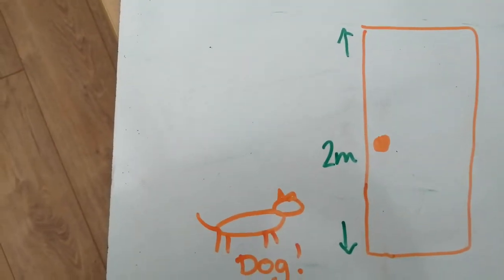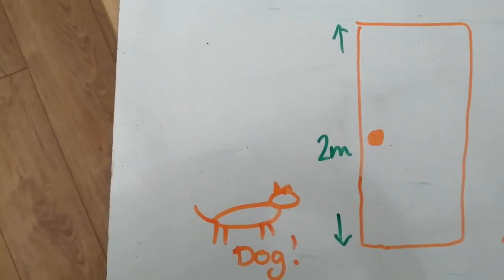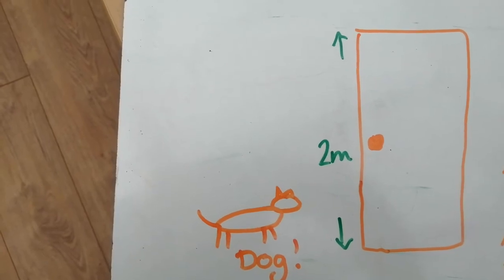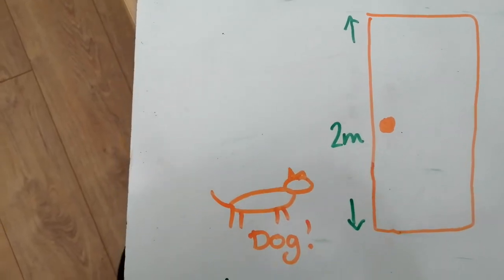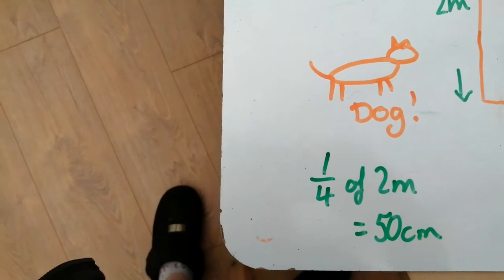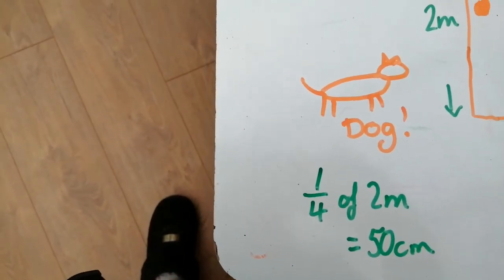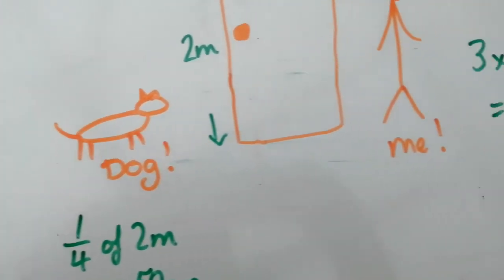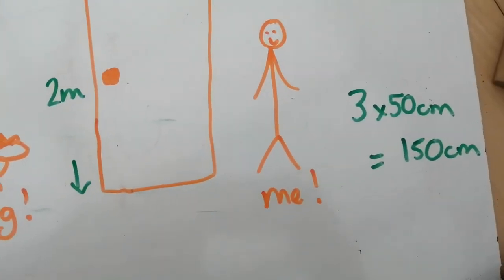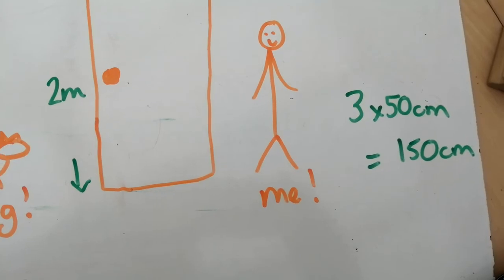If a door is approximately 2 metres high, and my dog is 1/4 the height of that, then my dog is approximately 50 centimetres. So therefore, if I'm 3 times the height of my dog, I'm approximately 150 centimetres.